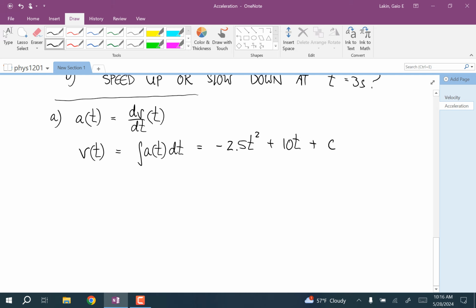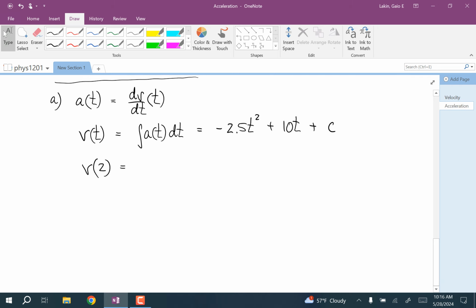So we know that the velocity at 2 seconds is equal to negative 10. So negative 10 is equal to negative 2.5 times 2 squared plus 10 times 2 plus c.